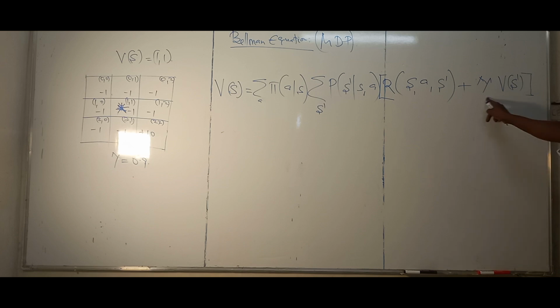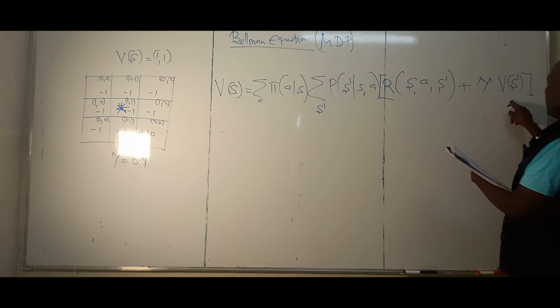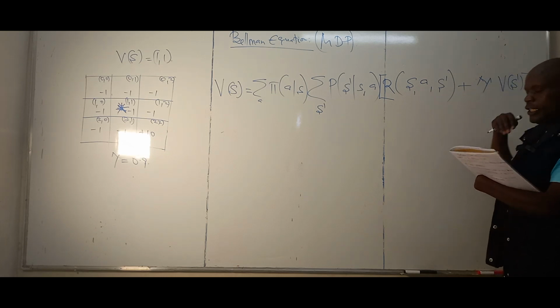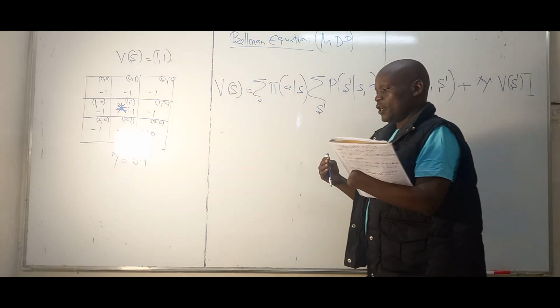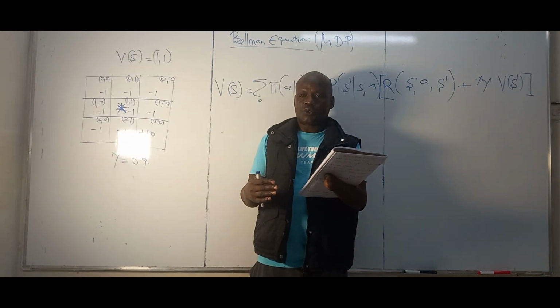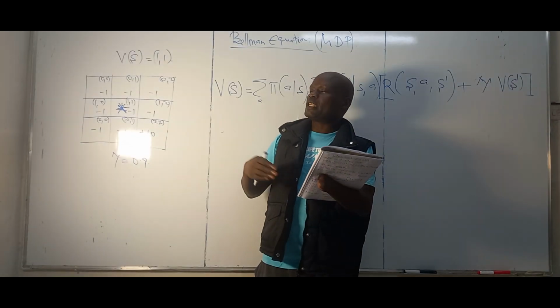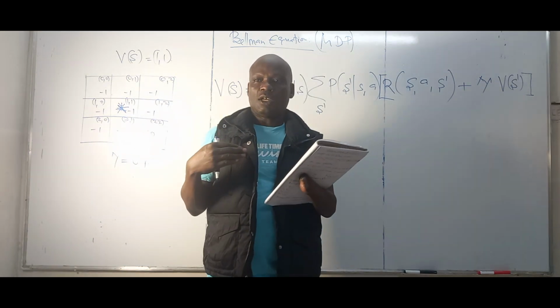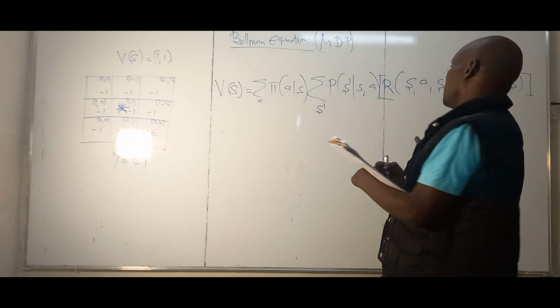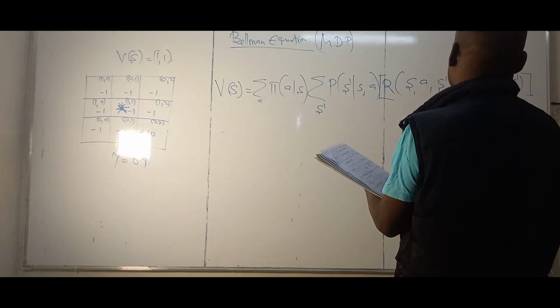Now I come to this particular part of the formula. This is the discounting factor. It tends to give less importance to future results, but gives more weight to current results. And that is what makes it more practical.